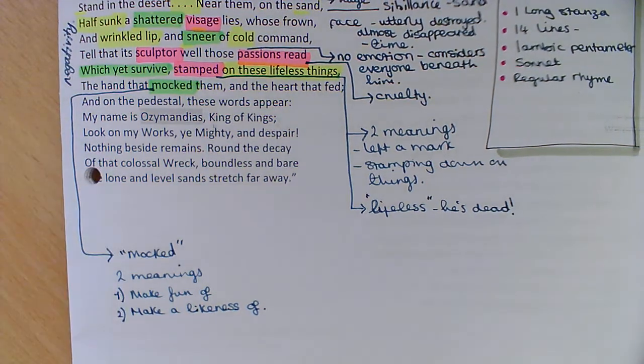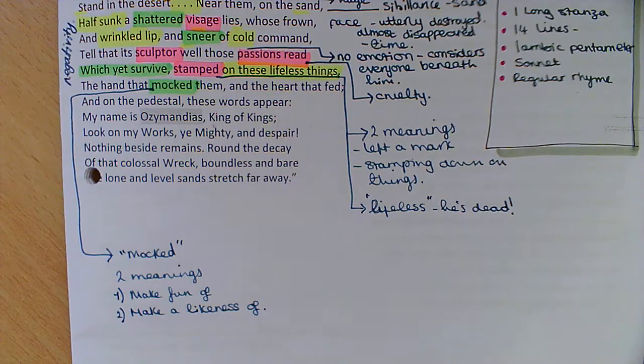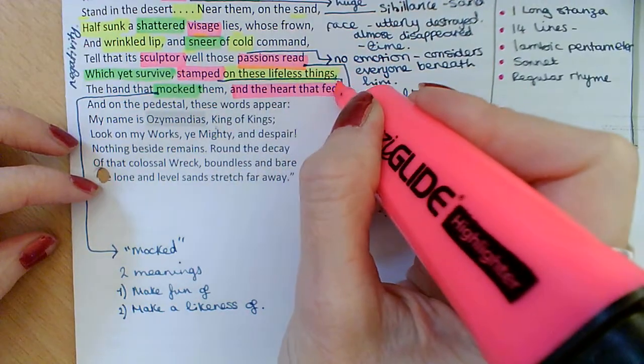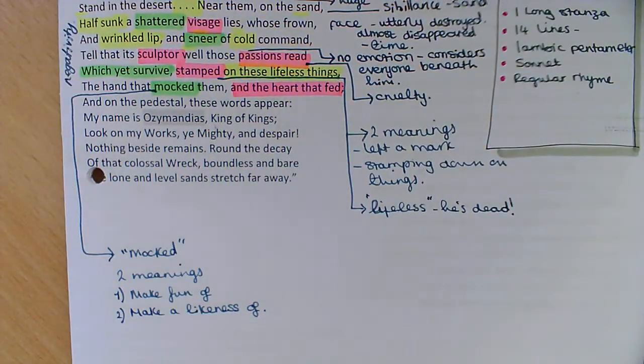So that really gives you that idea that this sculptor has made a likeness of this king, but what they've actually done is, rather than making a likeness that he wanted, they've made a likeness that shows the heart that fed. Remember, this person's got very little emotion. We've got that metaphor of cold command here.